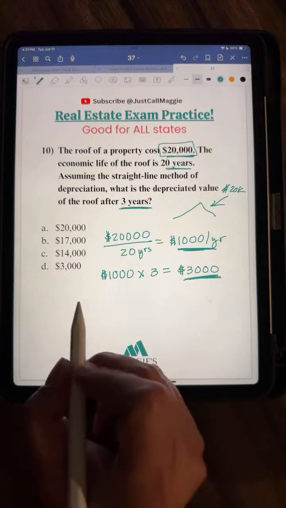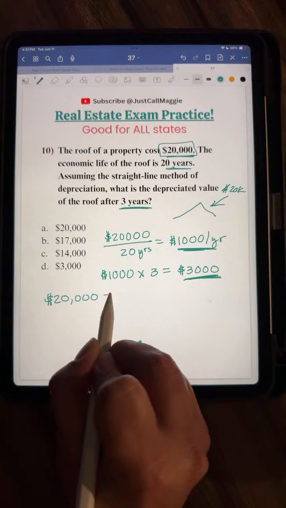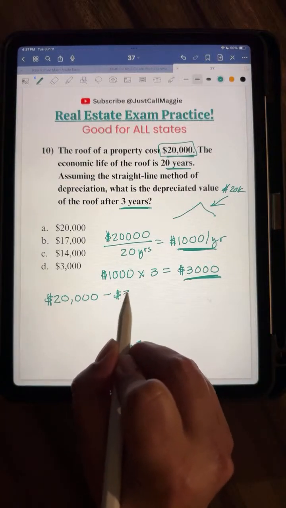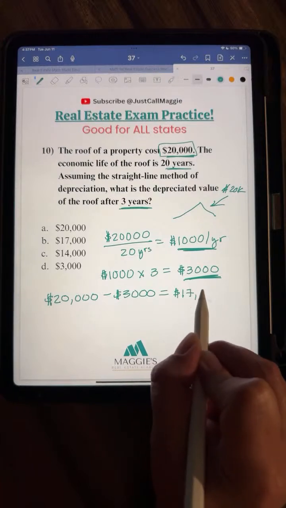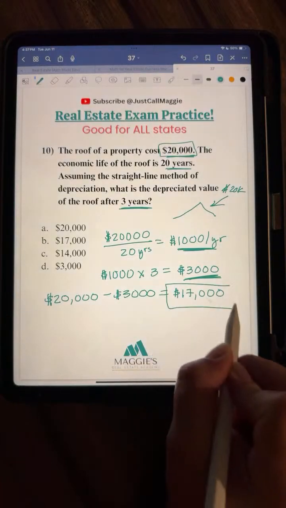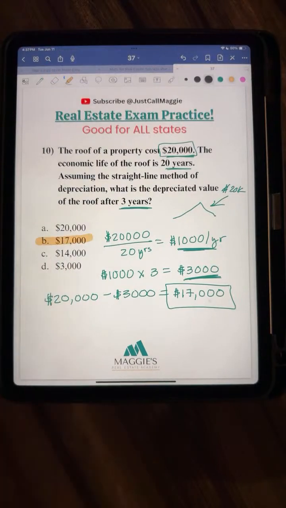So that means now we're going to have to take those $20,000 and subtract those $3,000, and it's going to leave us with the final value of the roof, which is $17,000. So the answer here is B as in boy. So that hopefully clarifies how that works.